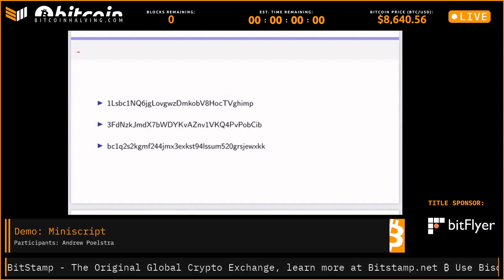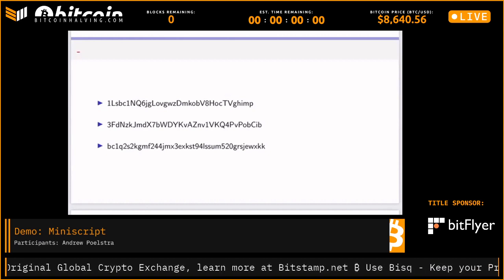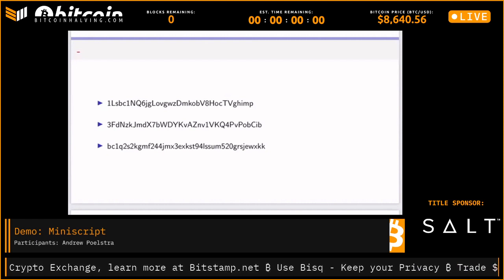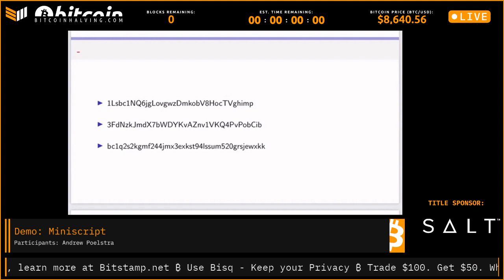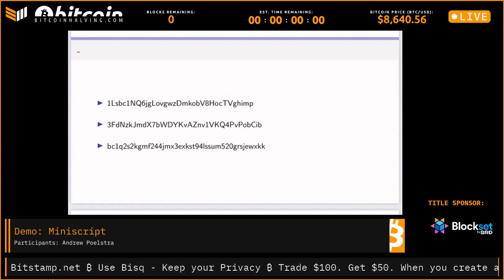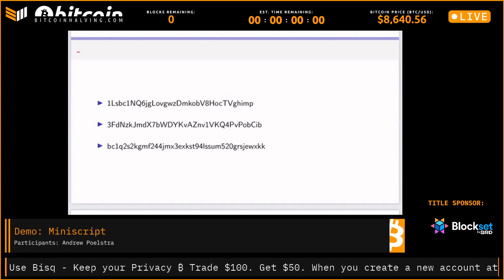But Bitcoin is capable of a fair bit more. In particular, it can do multi-signatures. You can have multiple keys that are needed to move some coins. It can check hash pre-images. This is something that's used for Lightning HTLCs to ensure that multiple payment channels can be chained together. It can check time locks.